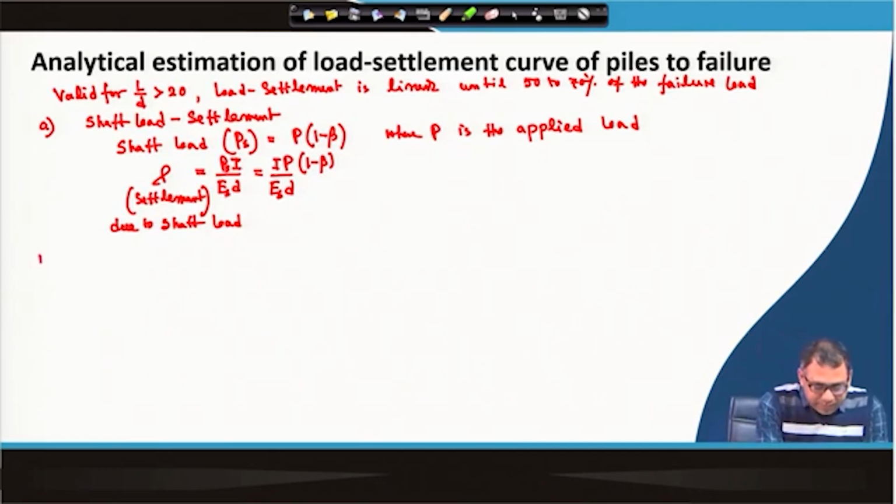So, now the second part is the base load versus settlement.